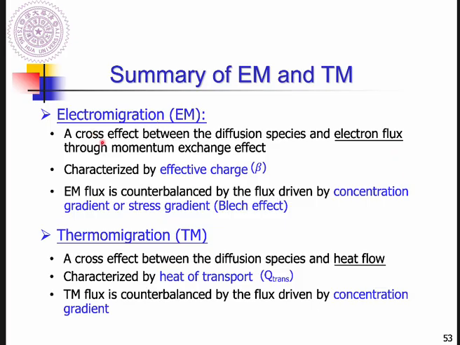Electron migration is the cross effect between the diffusing species and electron flow through momentum exchange. And you also can design an experiment to quantitatively analyze the sign and the value of the effective charge.